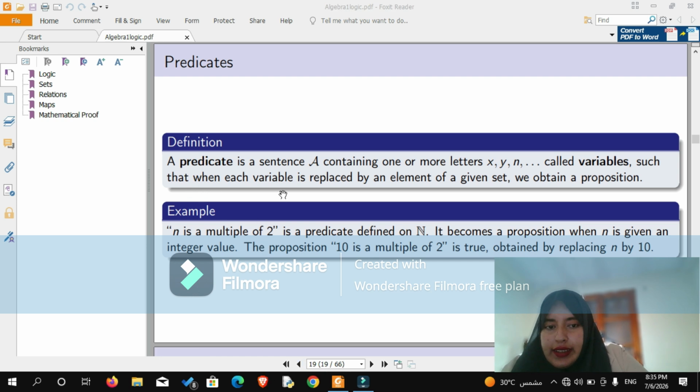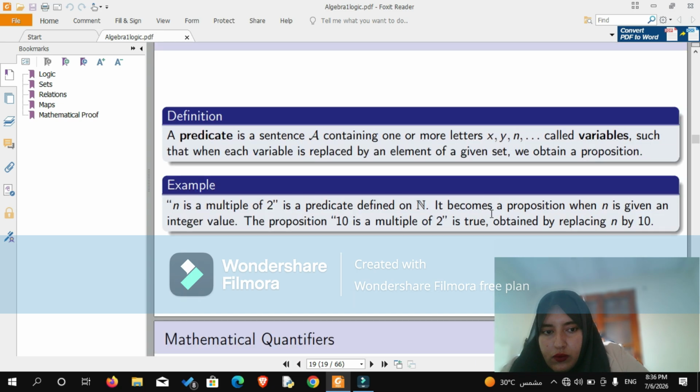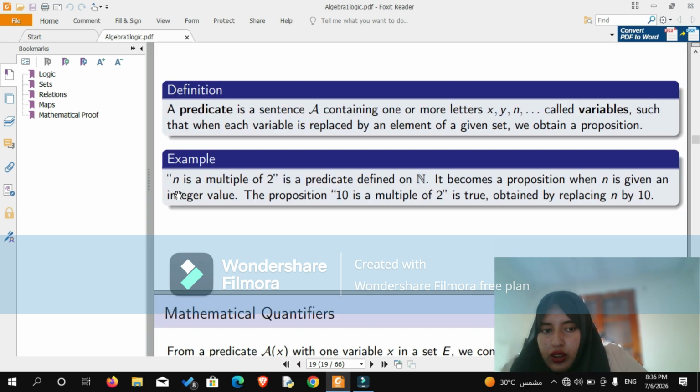A predicate is a sentence containing one or more letters. These letters are variables such that when each variable is replaced by an element of a given set, we obtain a proposition. Example: n is a multiple of 2.